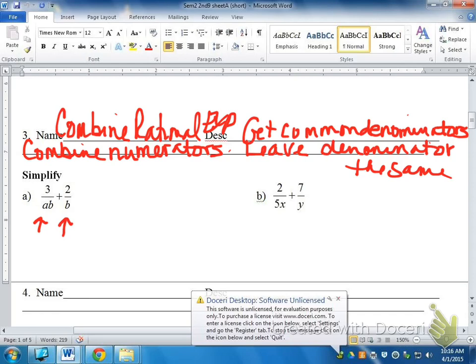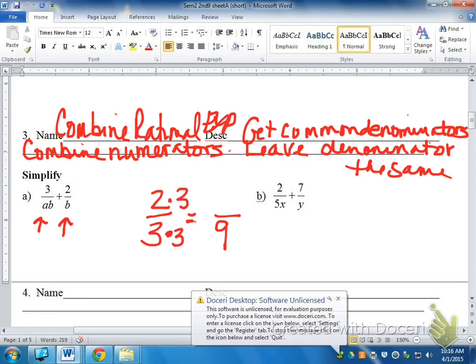Just like when you rewrite a fraction, let's just kind of review that. You don't have to write this, just kind of watch. If I needed to make 2/3 into something over 9, what do you have to do to make that happen, Cameron? You have to multiply not just the bottom by 3 to get 9.